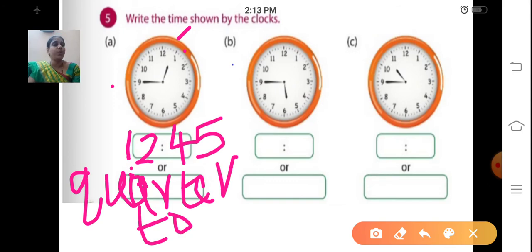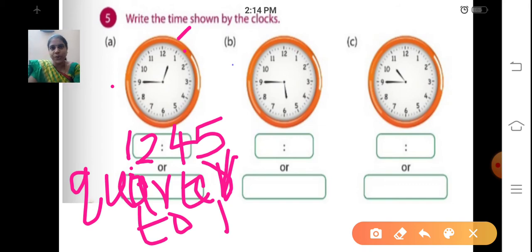How to write quarter to 1? 15 minutes is there to reach 1. So quarter to 1. Time is 12:45. You should not write quarter to 12. That is wrong. Quarter to 1.